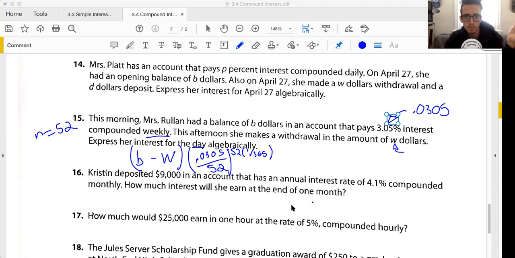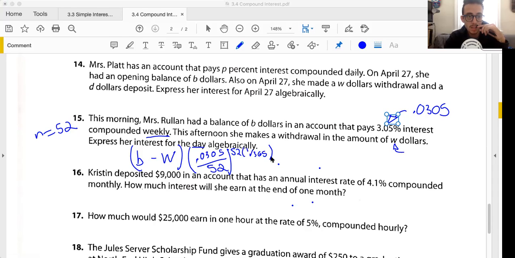Correct me if I'm wrong. Or maybe it's something slightly different. Do we need an exponent there? Let me think this one out. So we have the new balance, which is definitely B minus W. And it's compounded weekly.